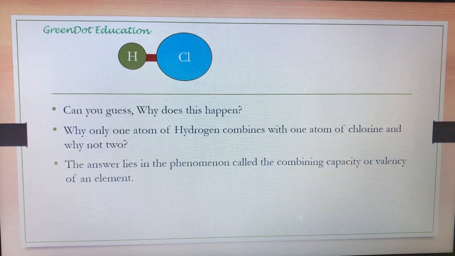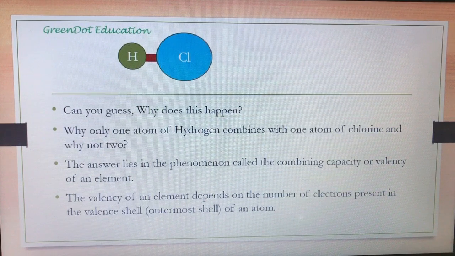We also know that the valency of an element depends on the number of electrons present in the valence shell, that is the outermost shell of an atom. So the number of electrons in the outermost shell determines the valency or the combining capacity of an atom of an element with another atom of the same or different elements.